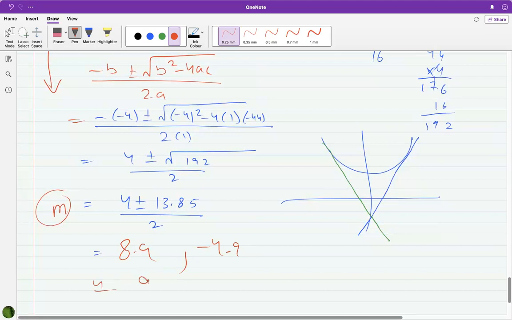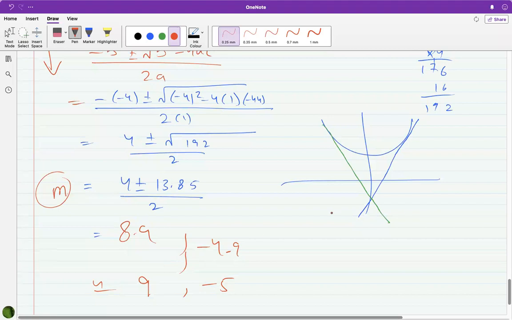Just to discuss, I'm taking it as 9 and minus 5 for the time. So suppose 9, when the gradient is 9, this is your line. When the gradient is minus 5, this is your line. At these two values only, the line touches the curve at one point.